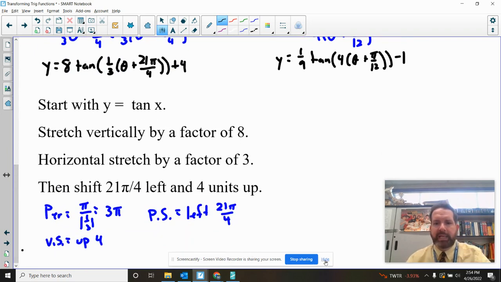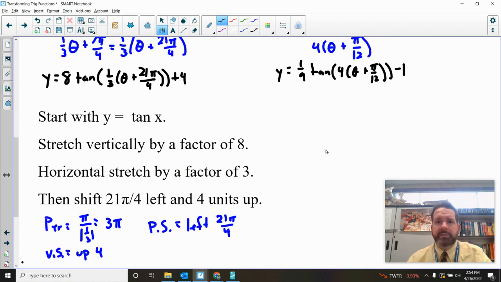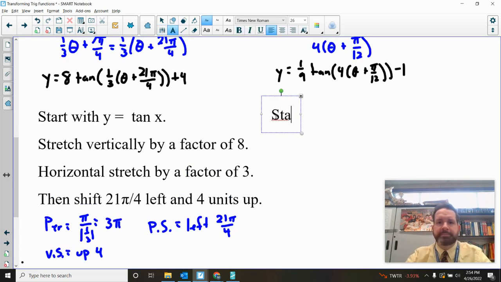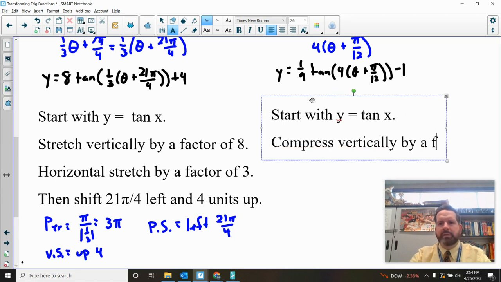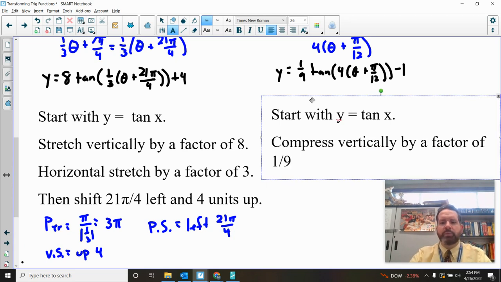All right, let's describe things. Once again, we start with a tangent function. Then we got a 1/9 in front of everything this time. So we are going to shrink or compress by a factor of 1/9. So everything's getting smaller by that 1/9 multiplier.